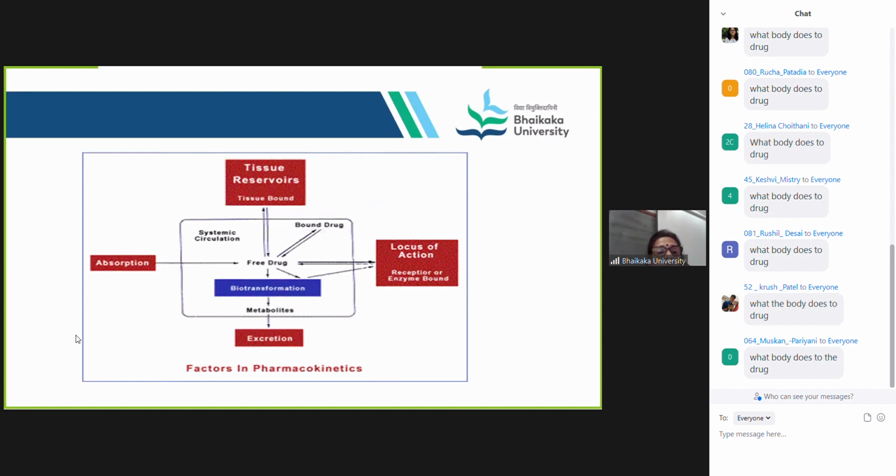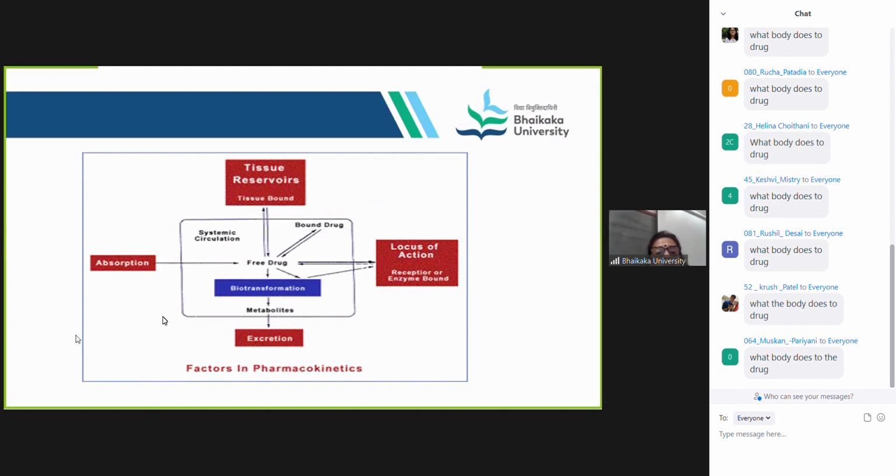In between absorption and biotransformation, the drug has to reach from the systemic circulation to the tissue, and it will give its action. During distribution, the drug can be in the form of free drug or bound drug, which we'll discuss in distribution.